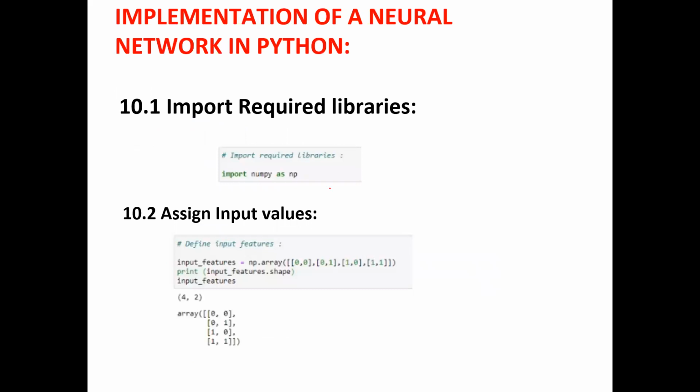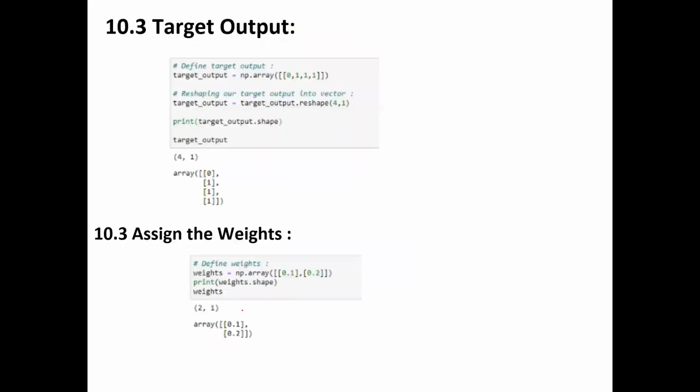First we will import the necessary libraries and assign some input values. These are the truth table values 00, 01, 10, 11. We see the size of that input. It is 4 cross 2, that is 4 rows and 2 columns. In an array structure it looks like this.